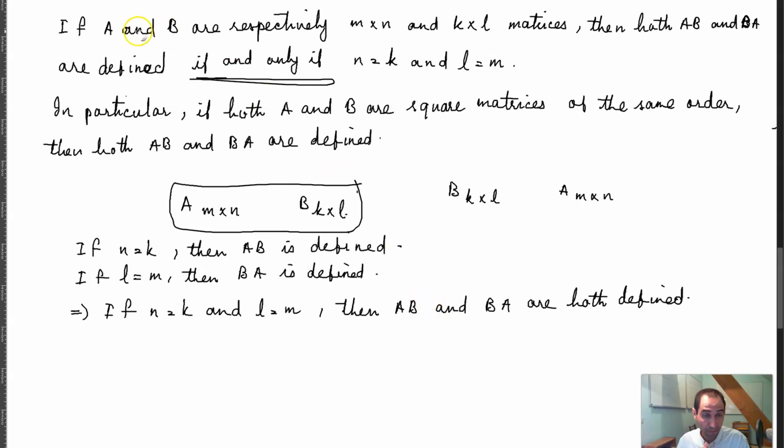It says that if A and B are respectively these two matrices with these orders, then both AB and BA are defined if and only if this is the case. Meaning that if this is the case, then you can conclude that A and B are matrices of the order m by n and k by l respectively.